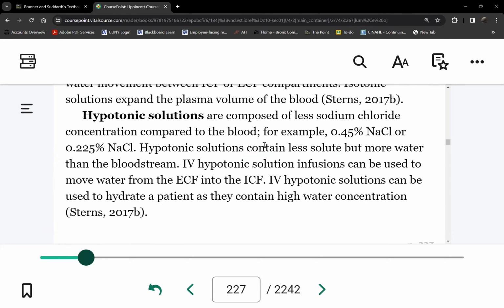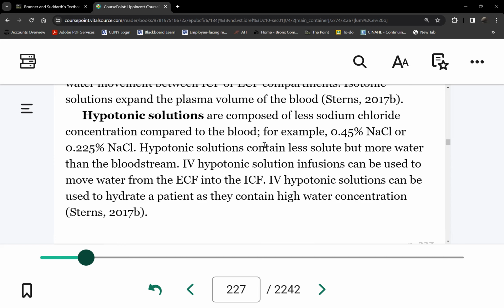Since this has less solutes, as you know, the tonicity of a solution depends on how many molecules are in that solution, correct? Meaning, between coffee and tap water, which one has a higher tonicity? Coffee, because it has coffee and sugar and milk, whatever you put in that coffee. That determines the tonicity of a solution.